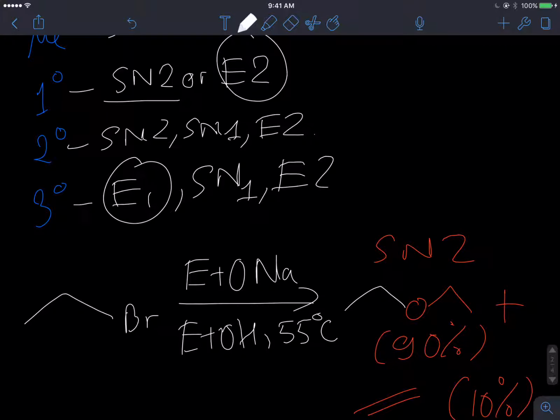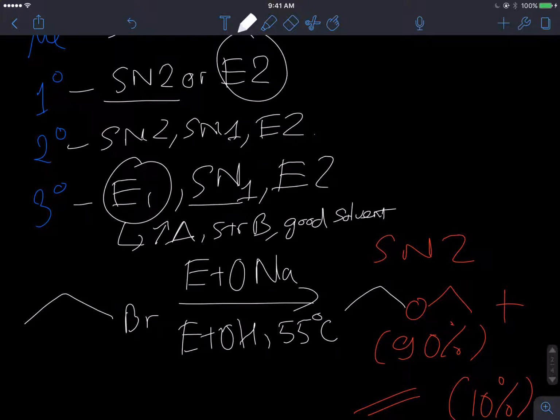And then in this case, E1 may occur, but you have to have very, very high heat, strong base and good solvent. And for SN1, it depends on the nucleophile and the solvent. You know that. And for the E2, most of the time it's the E2, right?